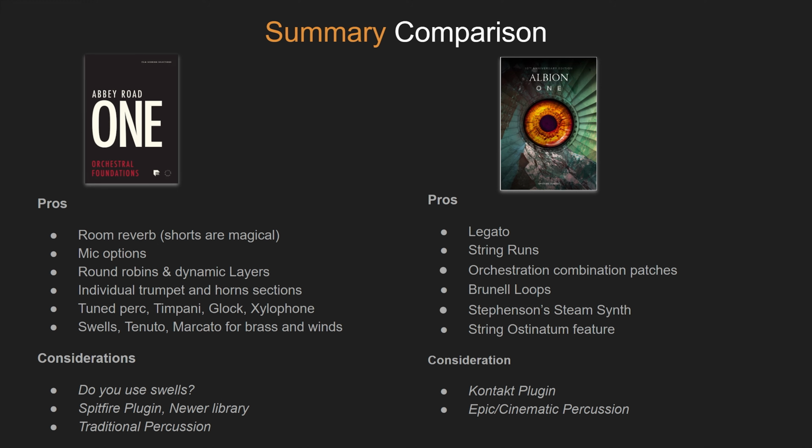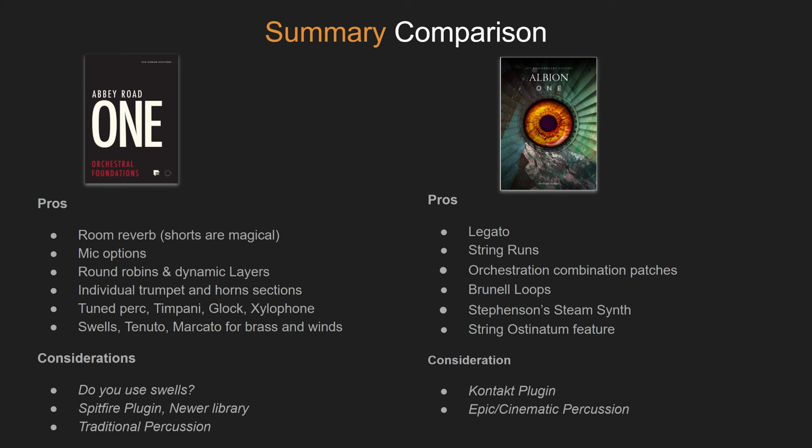Round robins, dynamic layers. So we saw 20% or more layers and round robin samples available on Abbey Road One. There's individual trumpet and horn sections where you can isolate those as opposed to just having it all blended for you. I guess it could also be a detriment if you don't want to mess with that and you just want a sketching tool and go really fast.